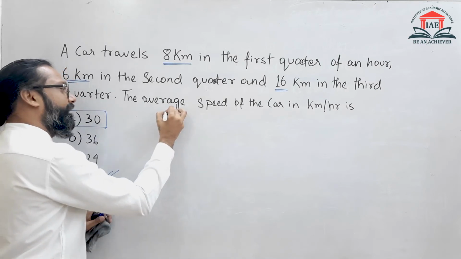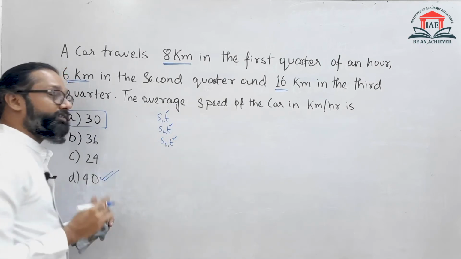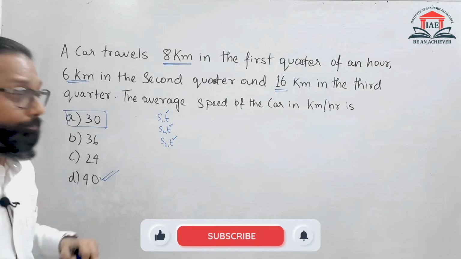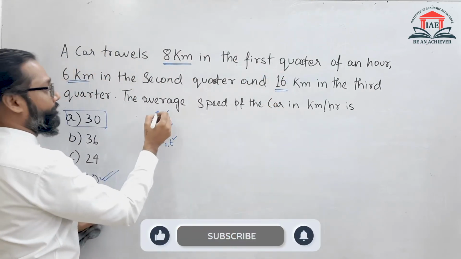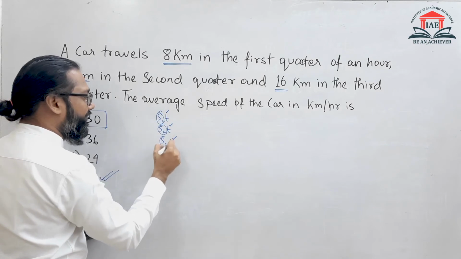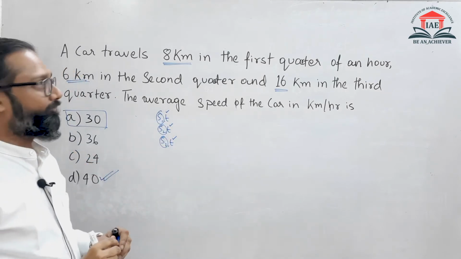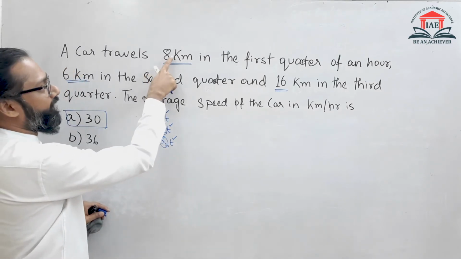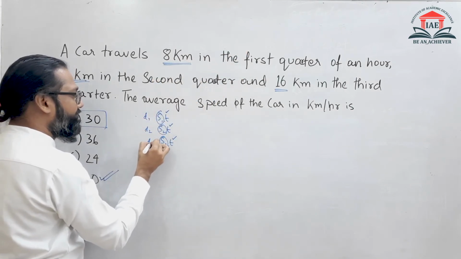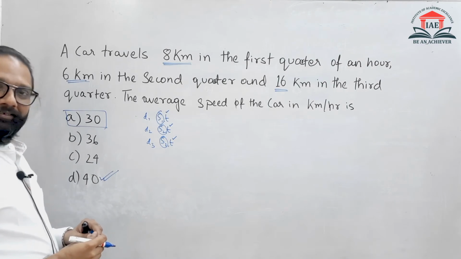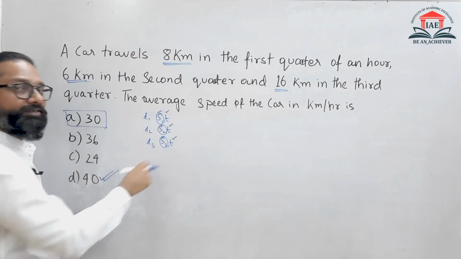We mean that the 3 time frames given in this question are the same: 15 minutes, 15 minutes, 15 minutes. But S1, S2, S3 are not known. What is known is how many kilometers they have traveled. We have D1, D2 and D3, and T is the same.